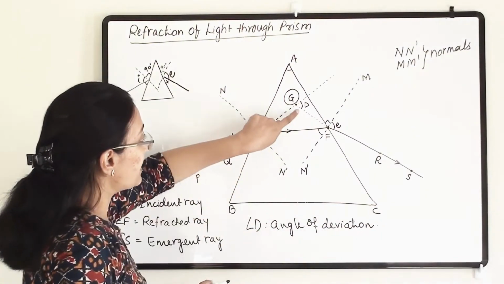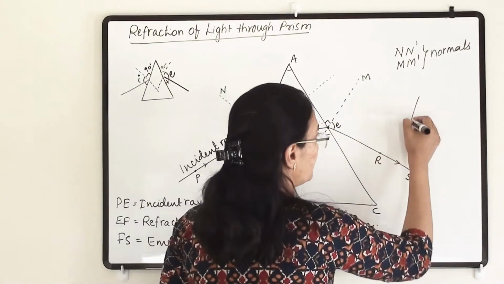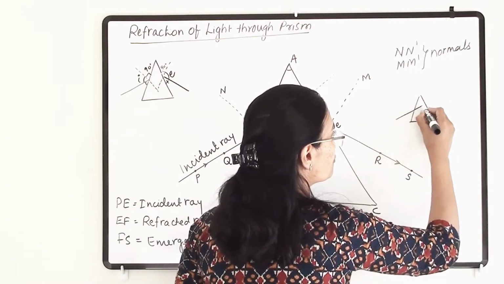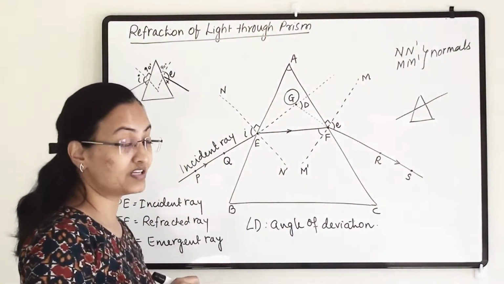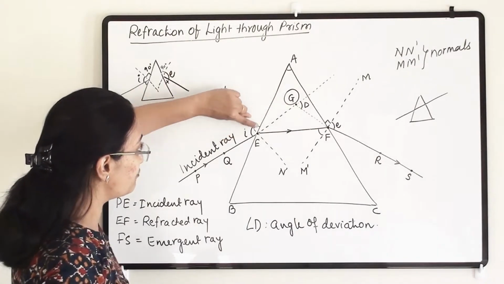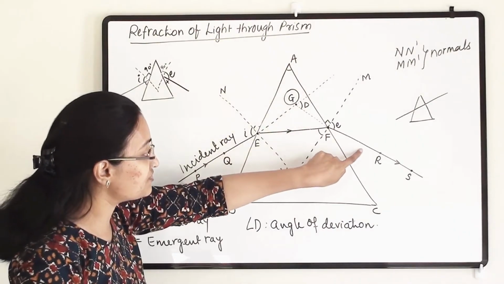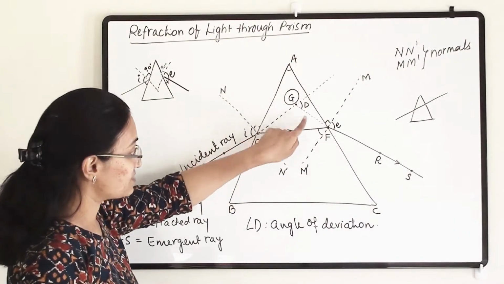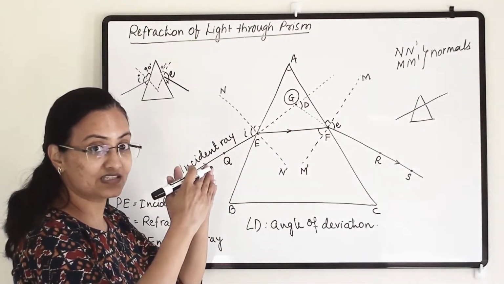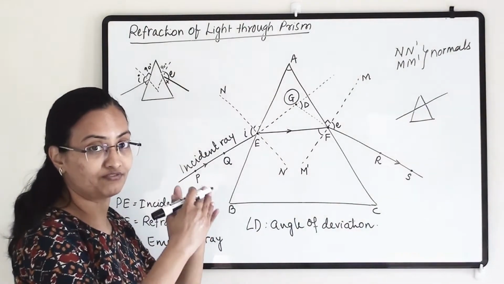Now why is it the angle of deviation? Because if there is no refraction, then whatever ray falls on this prism should go straight out, but that is not happening. If there is no refraction, the ray would have gone like this, and whatever emergent ray is there has gone like this. So the difference between the two will tell us how much the ray has been bent because of the refraction.